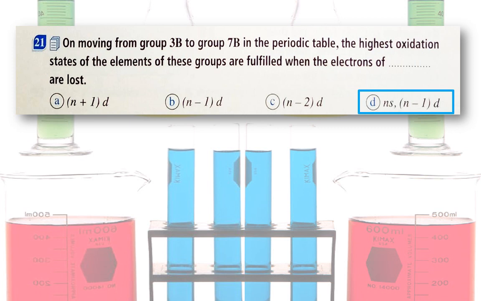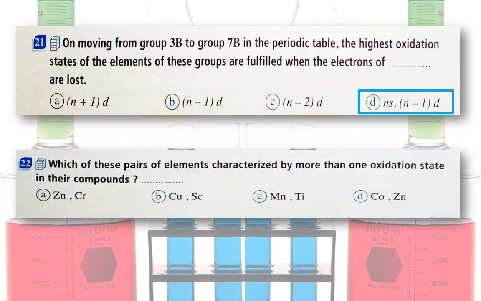The electrons are lost from the s orbital and give a high oxidation number, then from the d orbital, so ns and n minus 1 d. If we have 4s, the d orbital will be 3d, which means n minus 1.